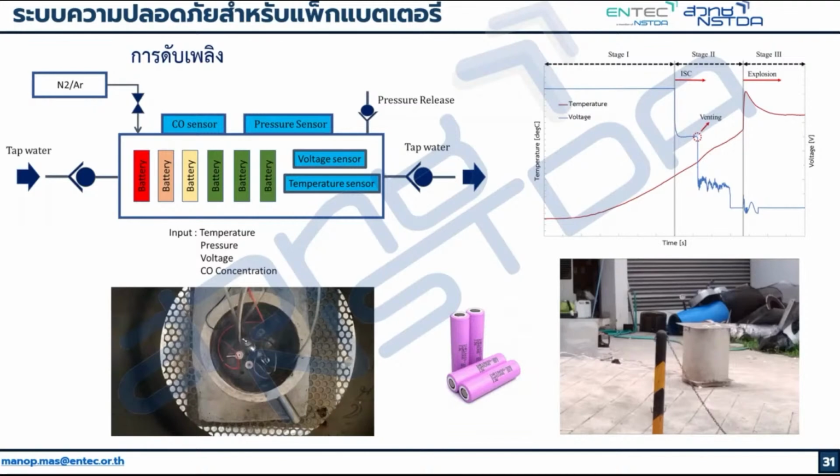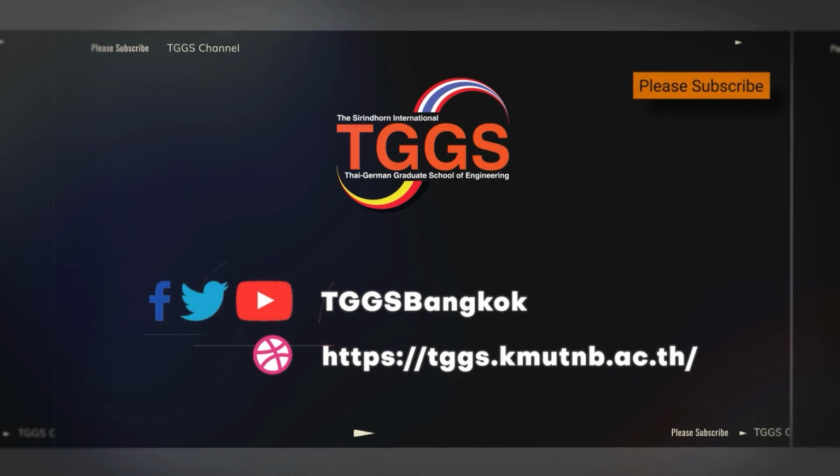Doing so, we can put the battery into water. That would help to discharge the power in the battery. So to sum up, we put the battery into the water in order to cool down the battery.